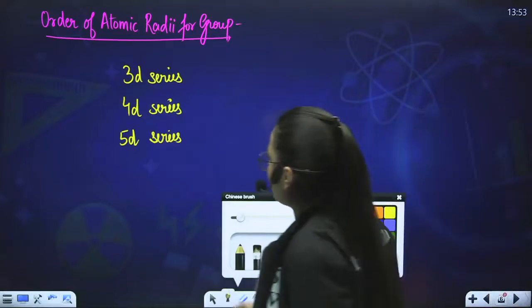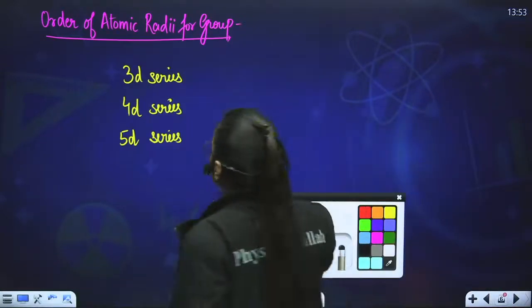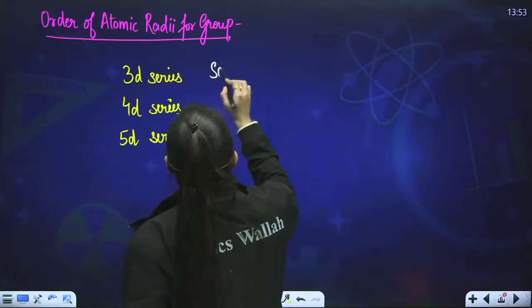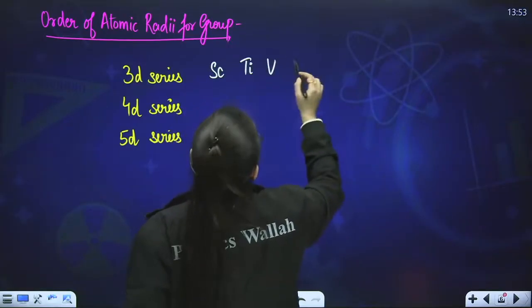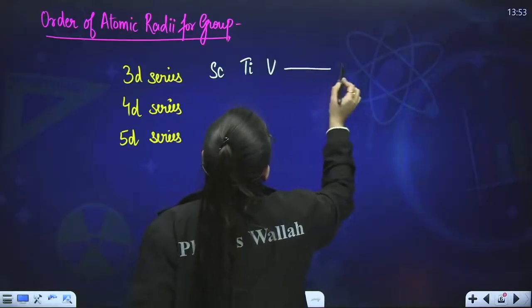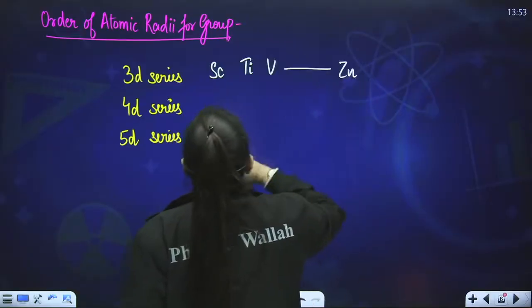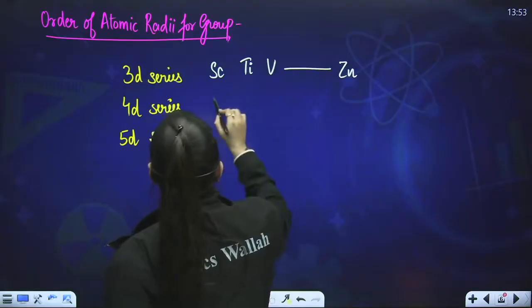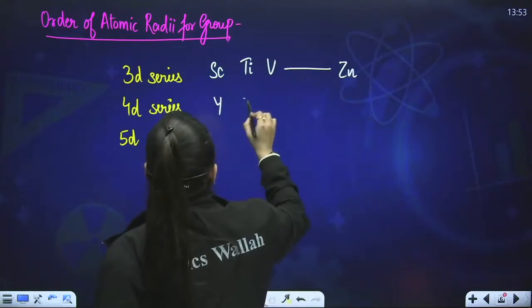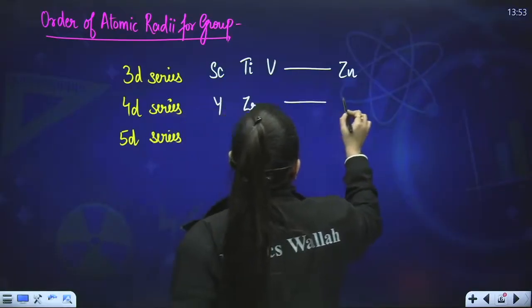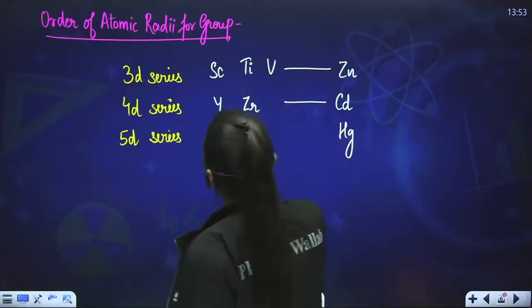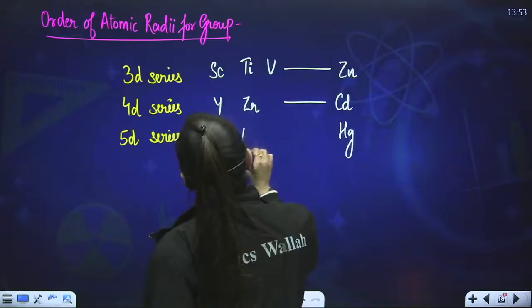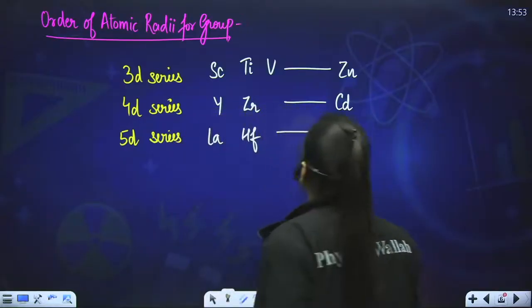If I write the elements, I have scandium, titanium, vanadium, and I'll write the last element, zinc. Below, we have yttrium, then zirconium, and the last one, cadmium. Then lanthanum, hafnium, and so on.